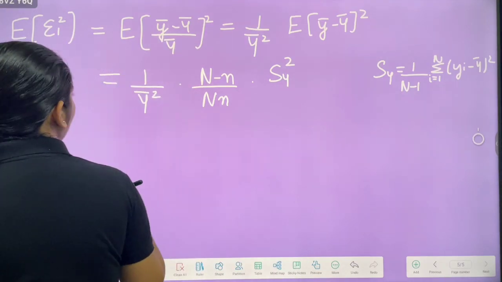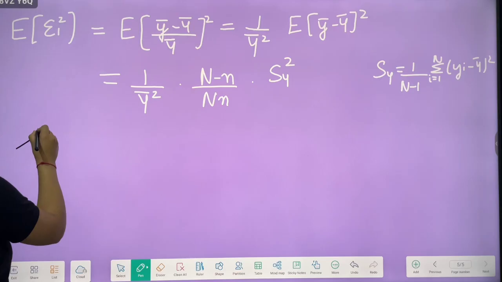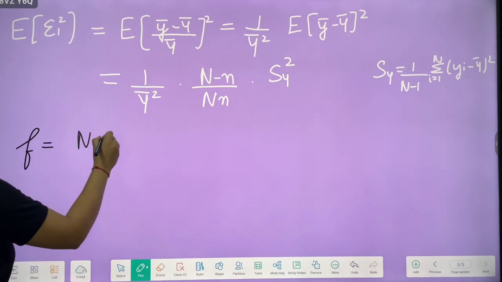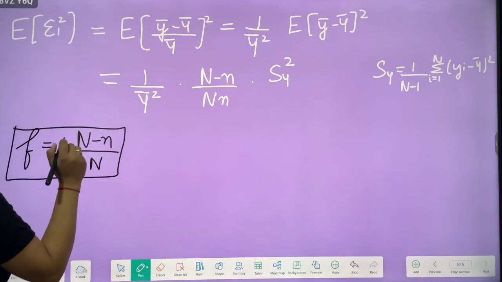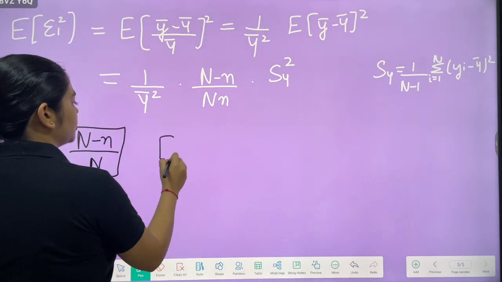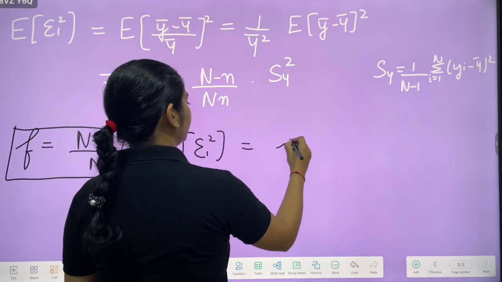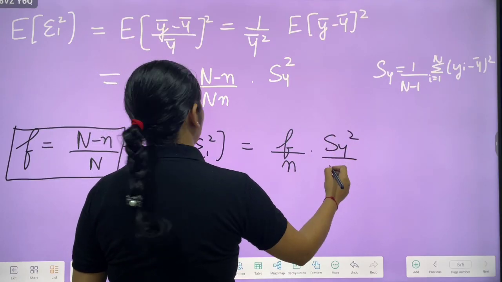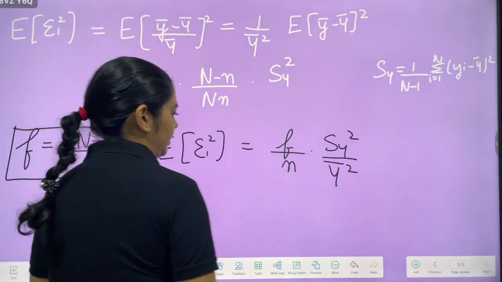Now this is the fractional ratio, f equals n upon capital N. So substituting f here, we will get estimation of epsilon 1 whole square is nothing but f upon n into Sy square upon capital Y bar whole square. This is the estimation of epsilon 1 whole square.